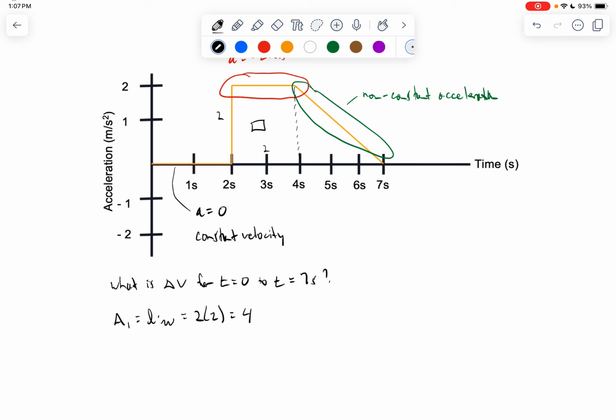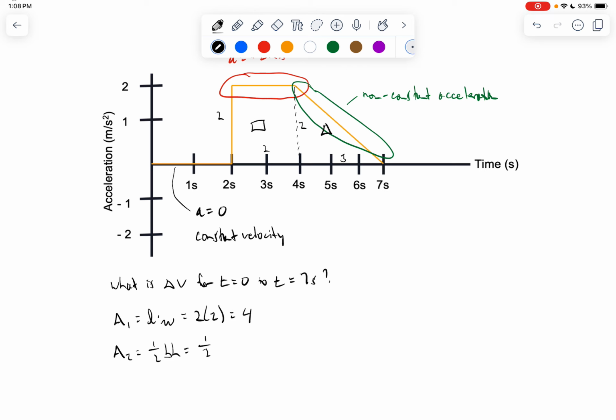And then next up, we're going to have a triangle here from 4 seconds up to 7 seconds. That triangle is going to have a base of 3 and a height of 2. So for our second area, we can just use 1/2 times base times height.